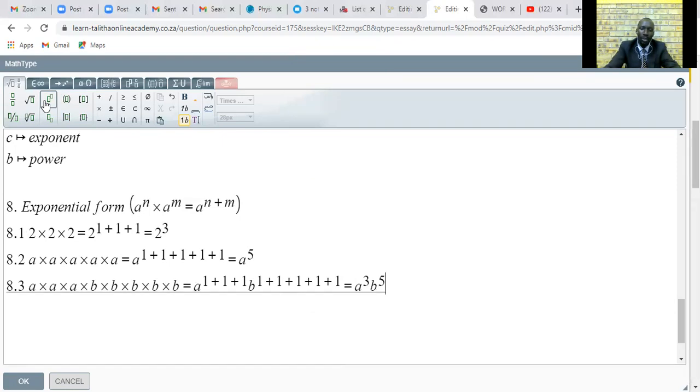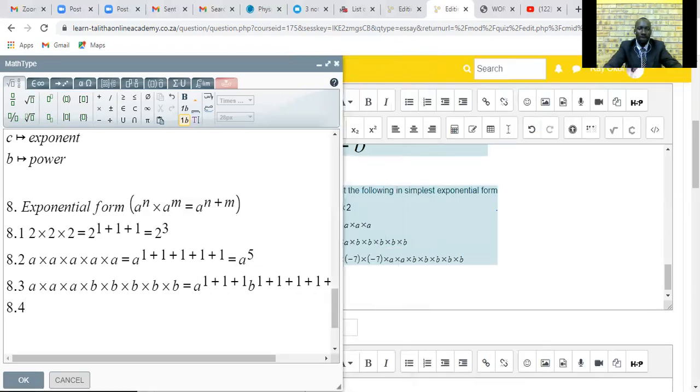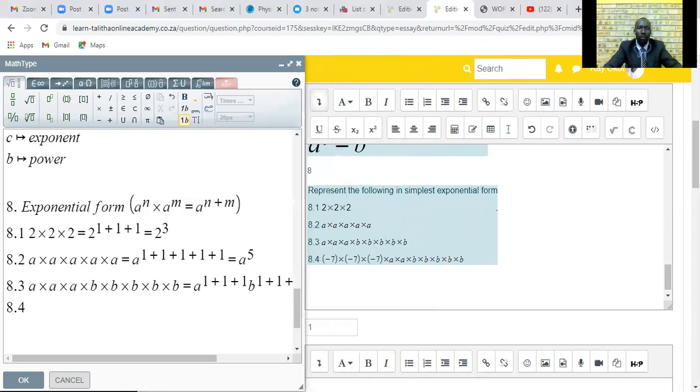And now for the next question, which is 8.4. Well, 8.4, what do we have? Let's see. So for 8.4, we do have -7 for the first time. This is multiplying another -7.